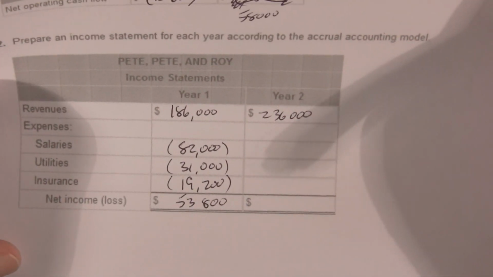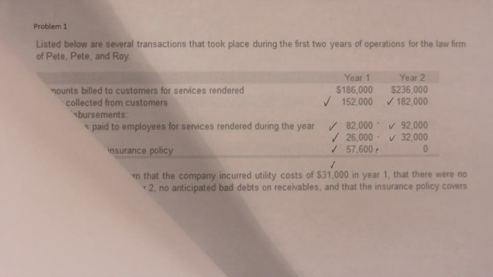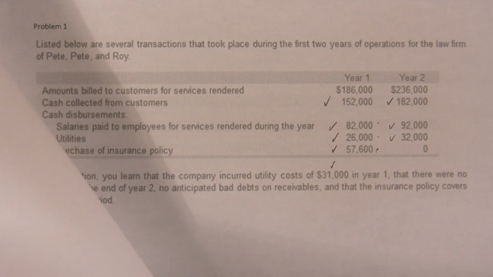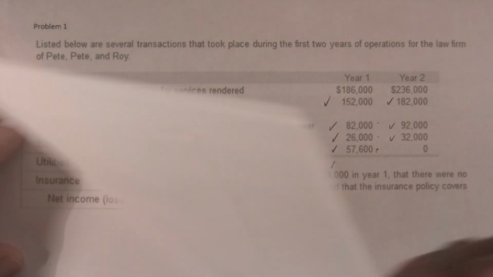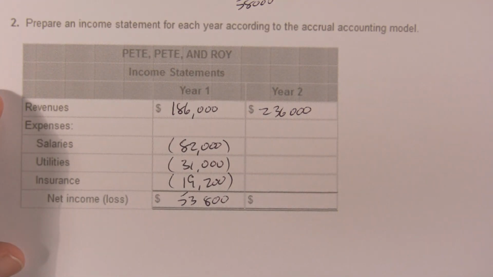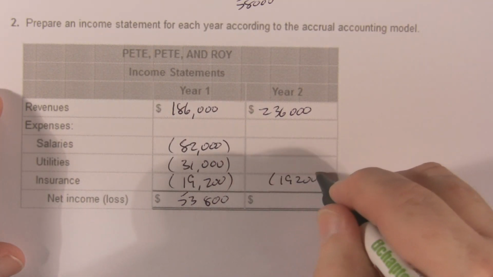Now let's take a look at year two, and again we'll do it at the same time so that we're not flipping back and forth. We've got to pick up the revenue. We have the 92 of expenses, and notice that they paid 32 for utilities, but remember 5 of that was from last year. So we have to subtract that out, and we have to include this year's insurance, so that's 1/3, 19,200.